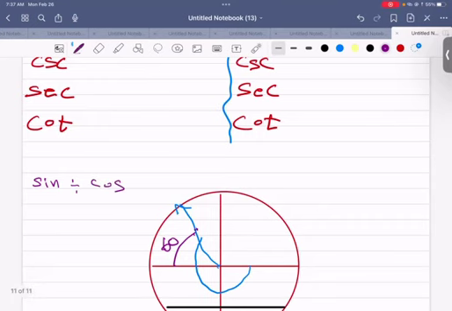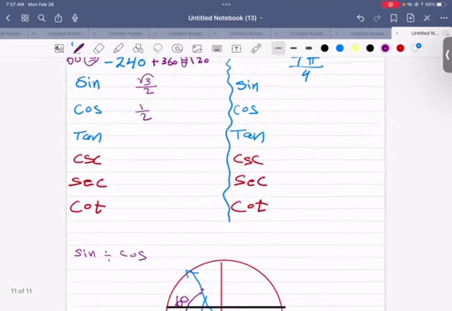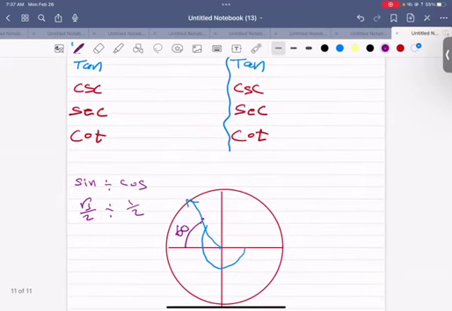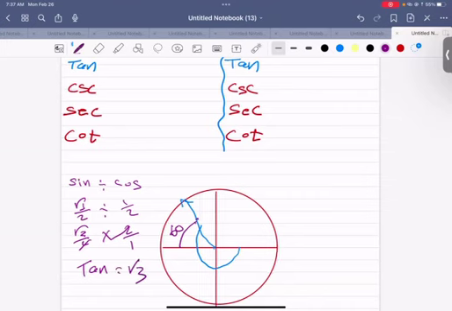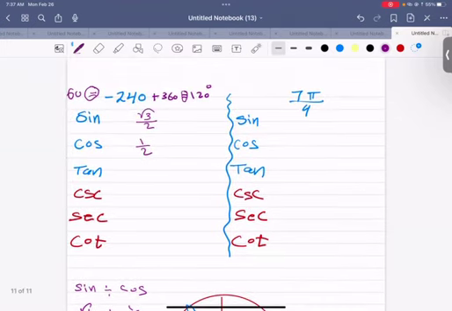If sine is radical 3 over 2, that's radical 3 over 2 divided by cosine, which is 1/2. So you remember the keep, change, flip, cancel. That means tangent is what? Excellent, radical 3. So tangent will be equal to radical 3.